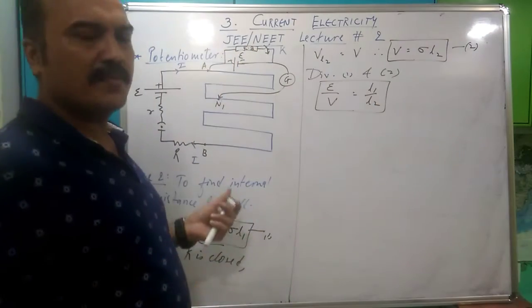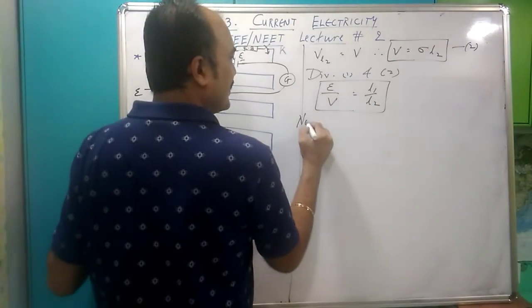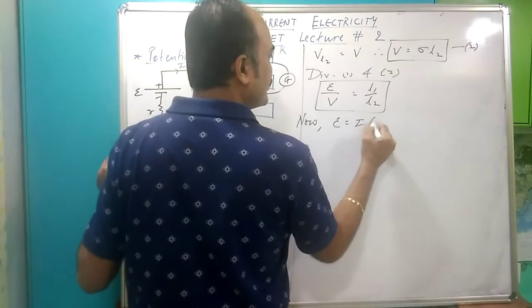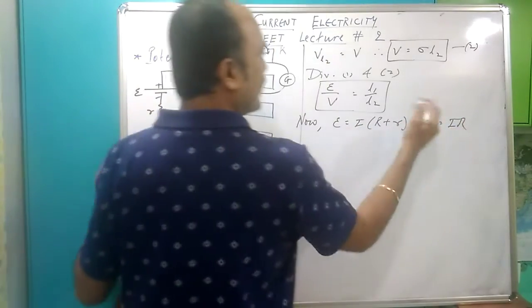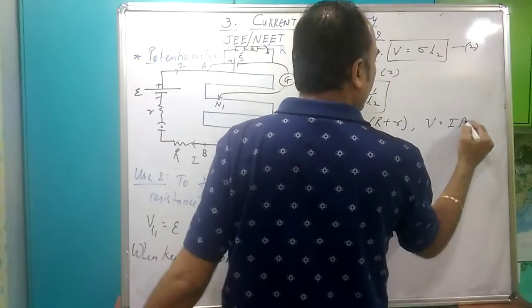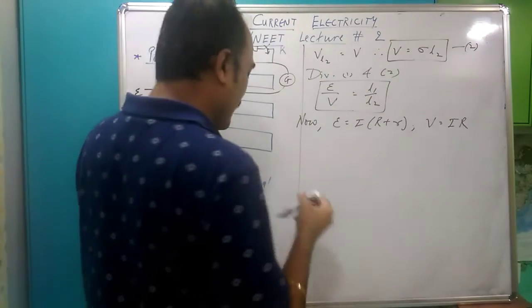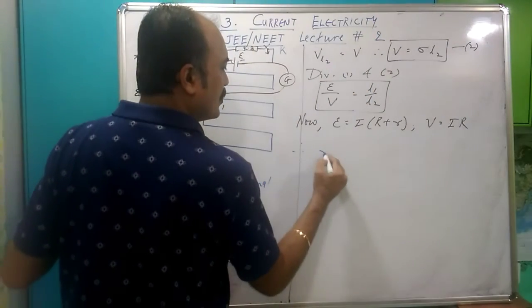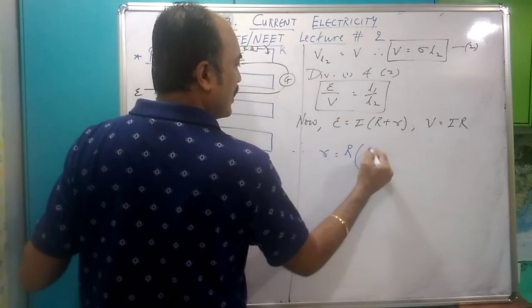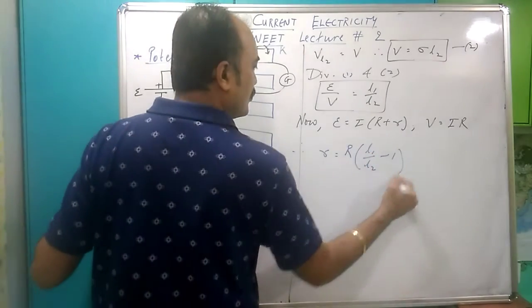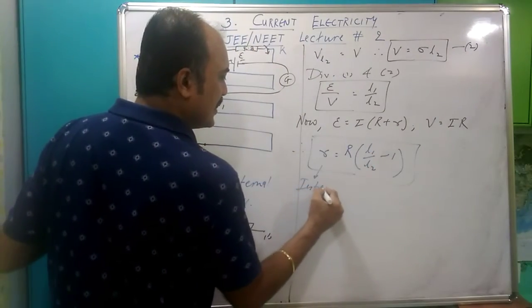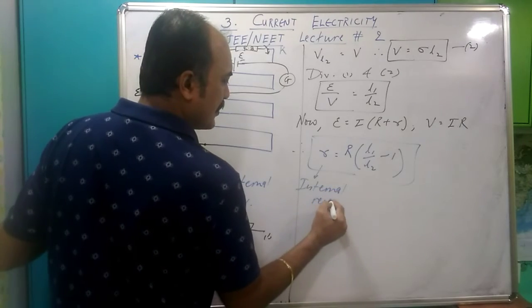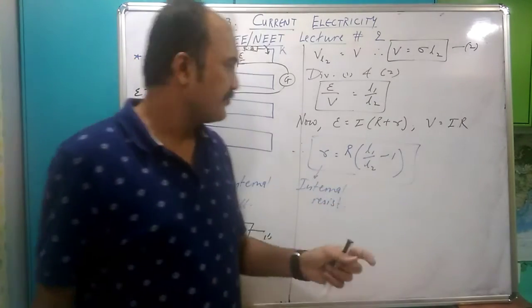Epsilon is I into (bada R plus chota r). We have done this entire derivation in ancient ages, and V is IR. I put this here, and what do I get? Lo and behold, I get chota r is bada R into (L1 by L2 minus 1), where chota r is the internal resistance of this battery.